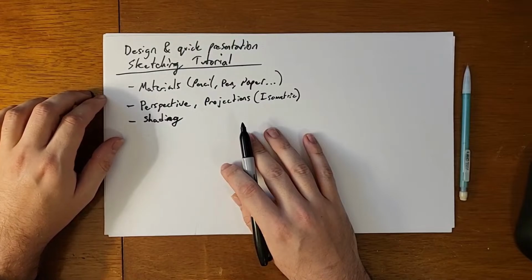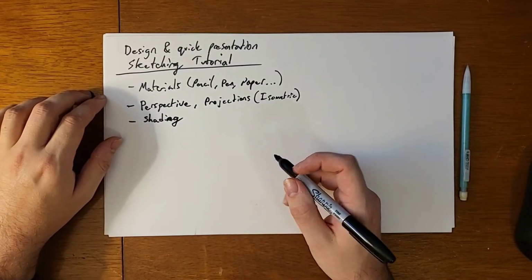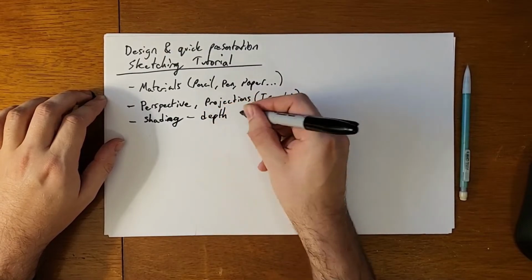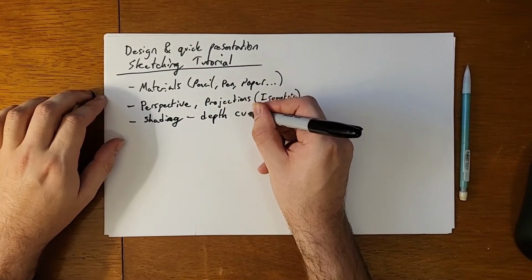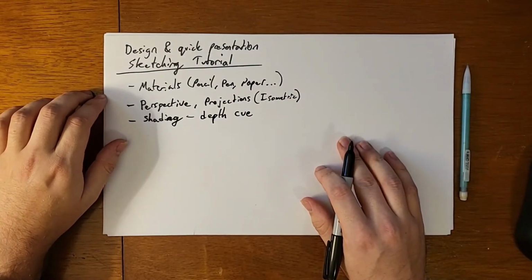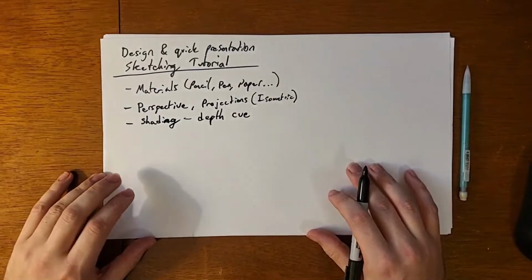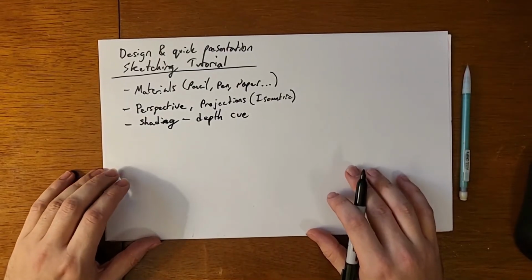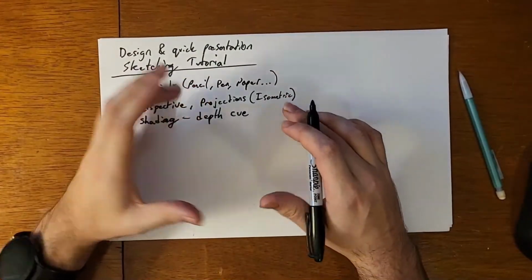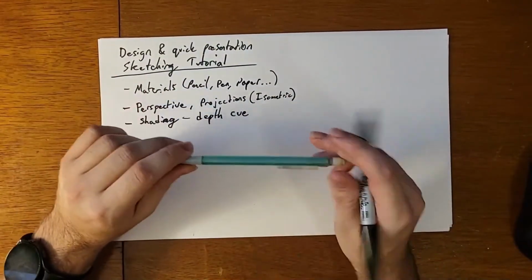Shadow, direction, stuff like that. Really, the reason you do this is it's another depth cue. It helps your brain understand what the shape of an object is.